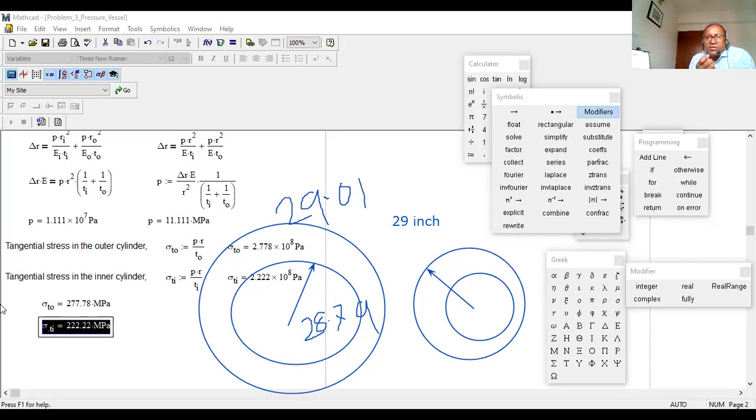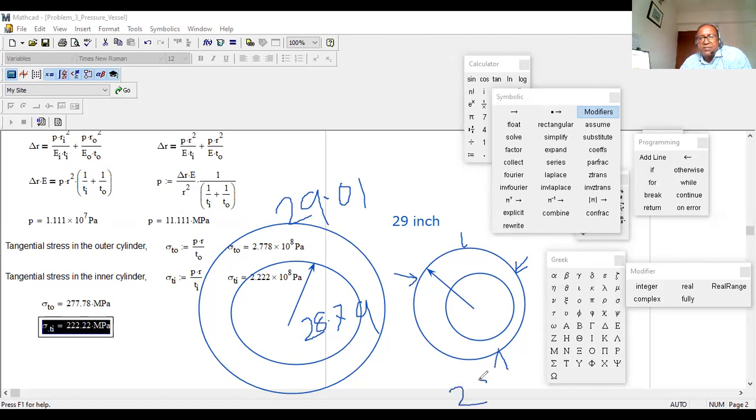Yes, sir. When it cools down, what will happen? This radius tries to come back to the previous position, 28.79. Then it has to squeeze this one very hard, right? It has to squeeze because this one has to be 29. But they will compromise.